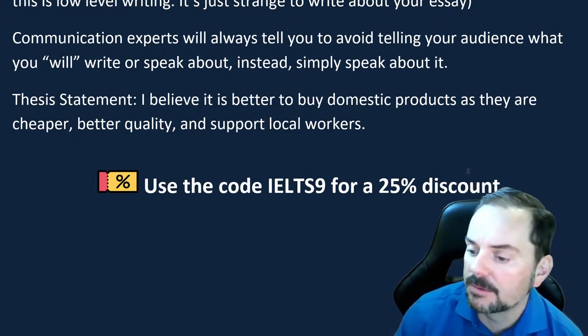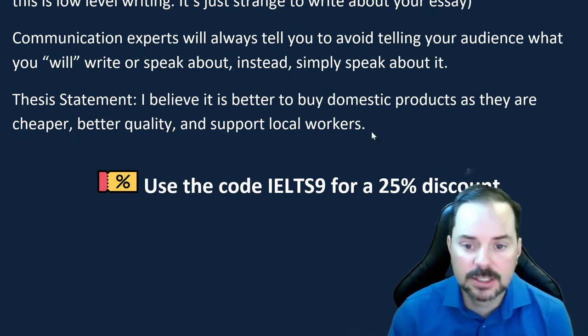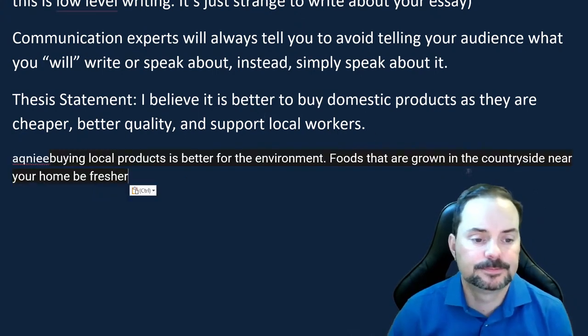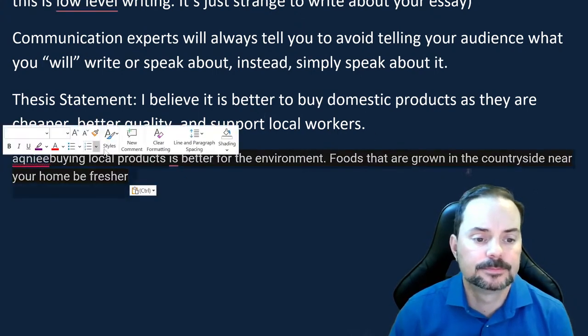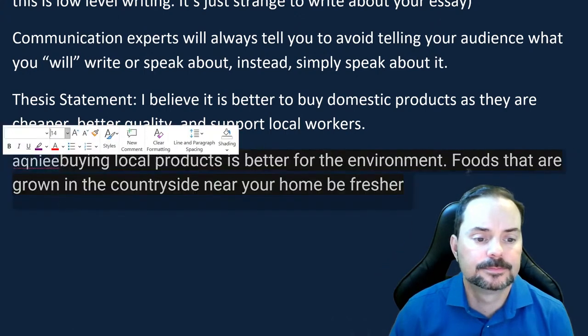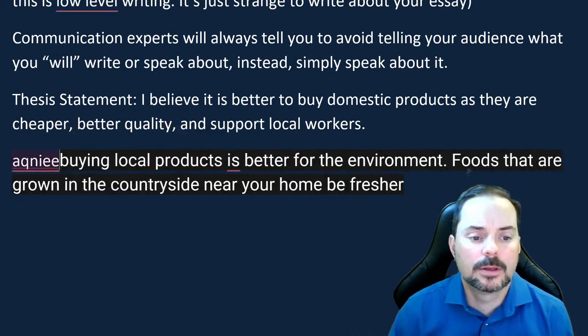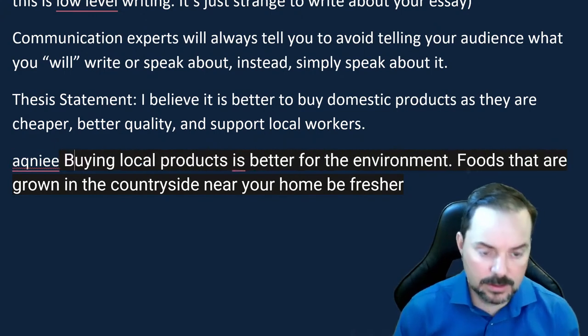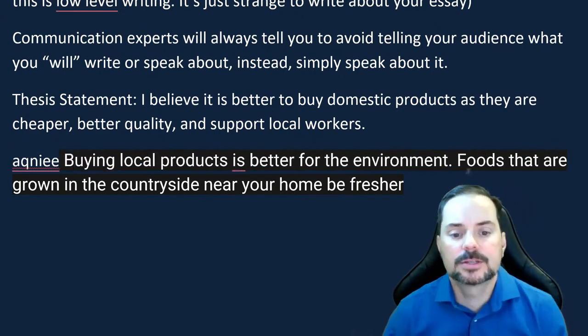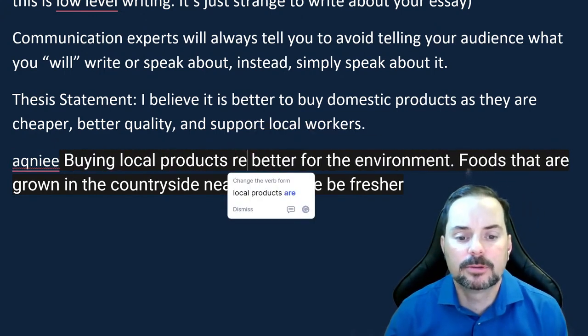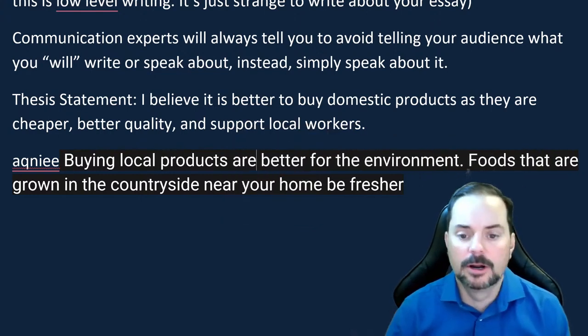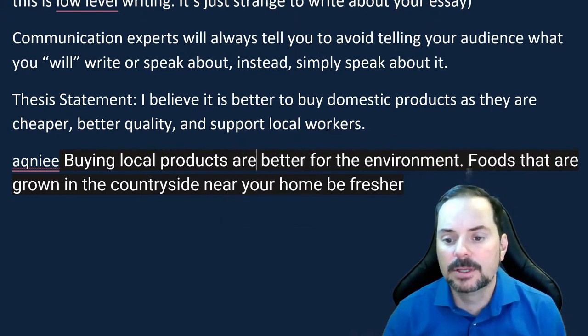So Akni for the thesis says, buying local products are better, because it's plural, products are better for the environment.